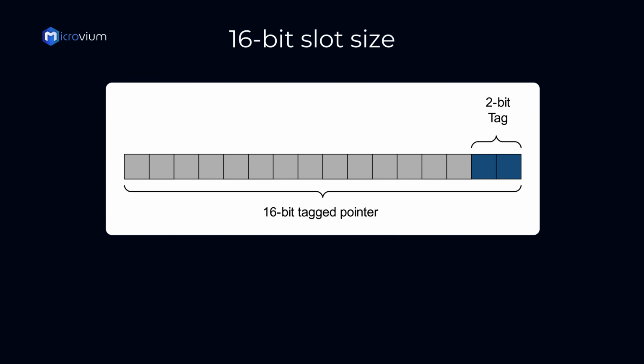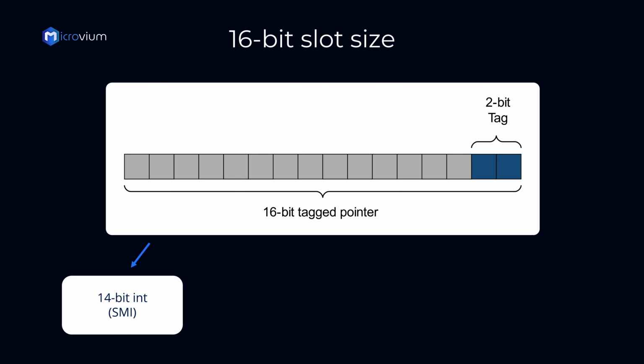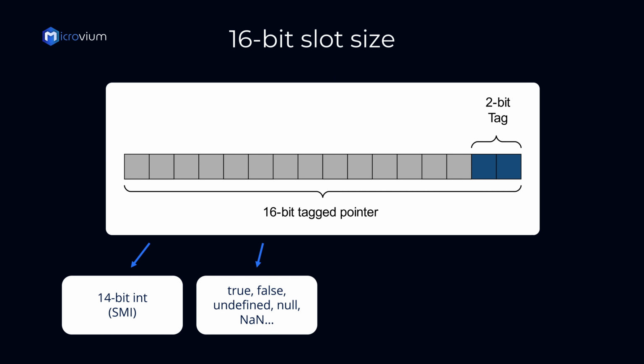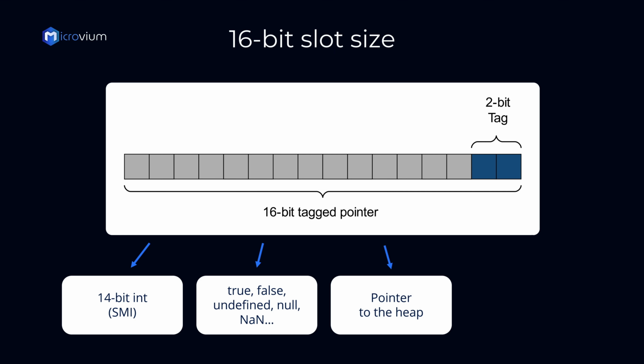The 16-bit slot uses a tagged pointer encoding with a 1 or 2-bit tag, and the tag discriminates between one of a number of possible values. It can hold a 14-bit integer. It can hold some basic values like true, false, NaN, etc. Or for most other things, it can be interpreted as a 16-bit pointer to the garbage collected heap.